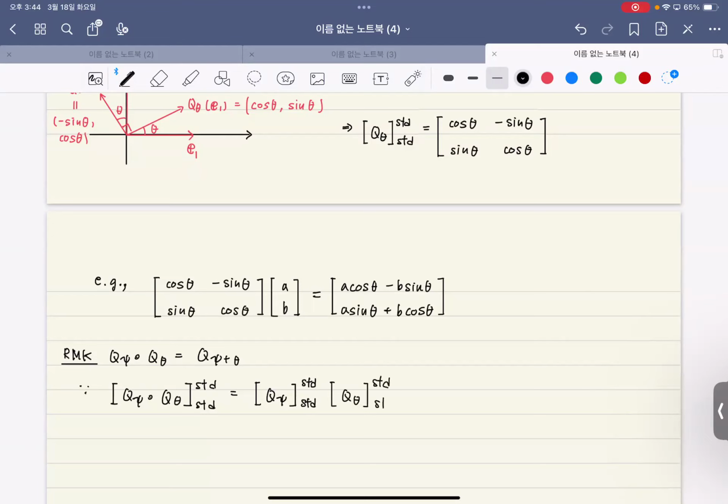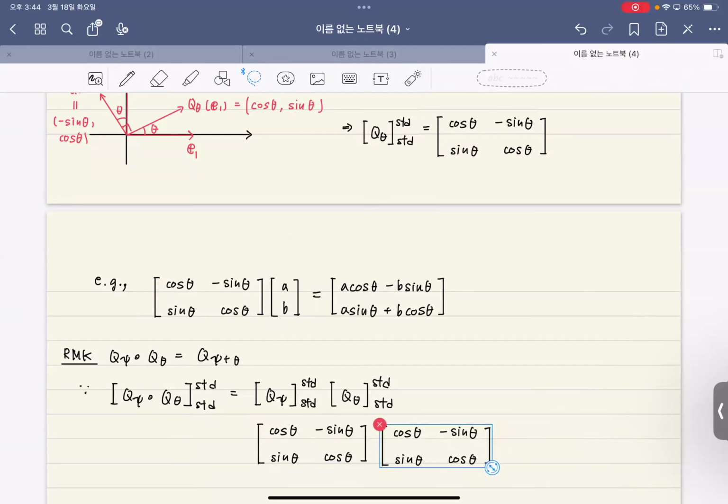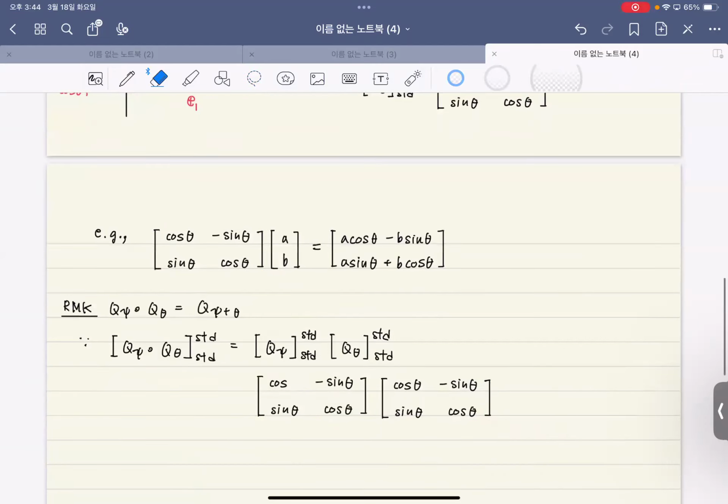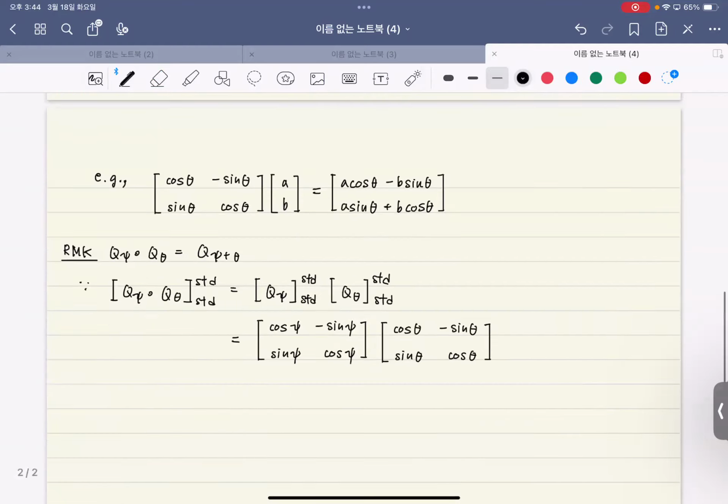Then it turns out this is the product of these two matrices.